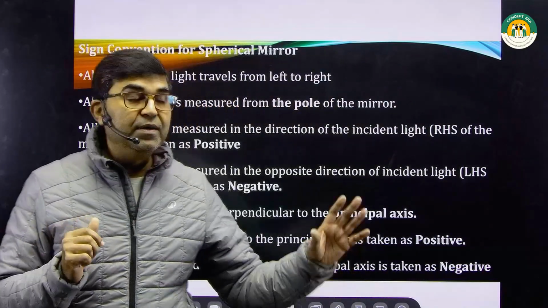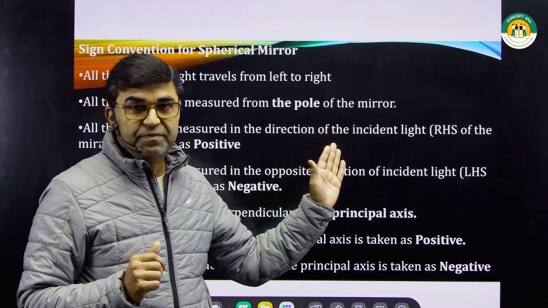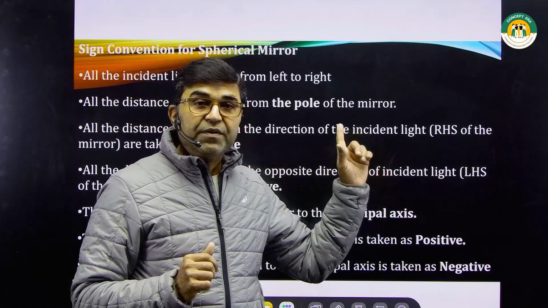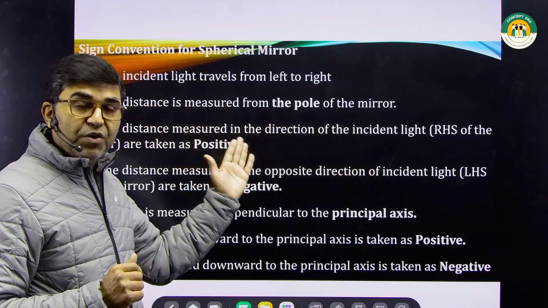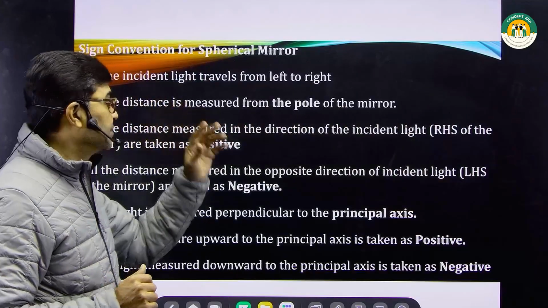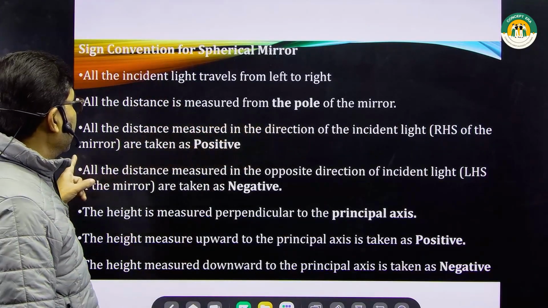The pole is the origin, just as in coordinate geometry, when we are making graphs, we take the origin, which is 0, and from the origin we take all the distances either left or right.